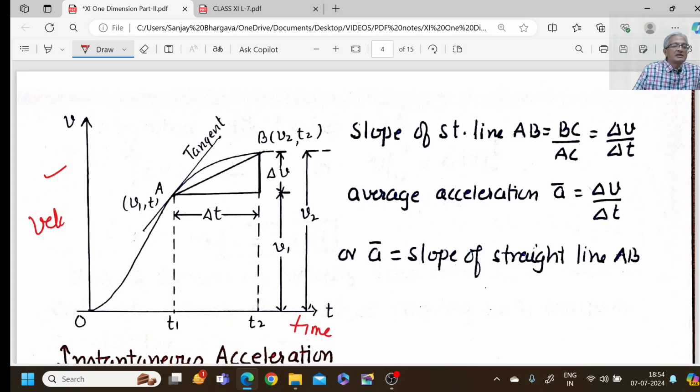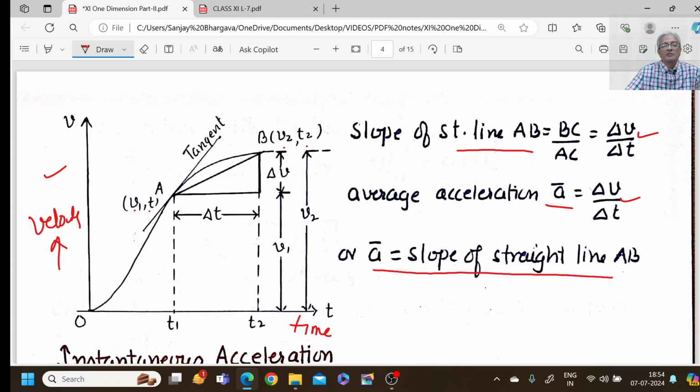On the y-axis, we are plotting velocity. At the point A, the velocity is v1 at the time t1. At the point B, velocity is v2 at the time t2. The slope of the straight line AB is equal to delta v by delta t. So average acceleration is delta v by delta t. Average acceleration is nothing but the slope of a straight line joining 2 points on a velocity time graph.